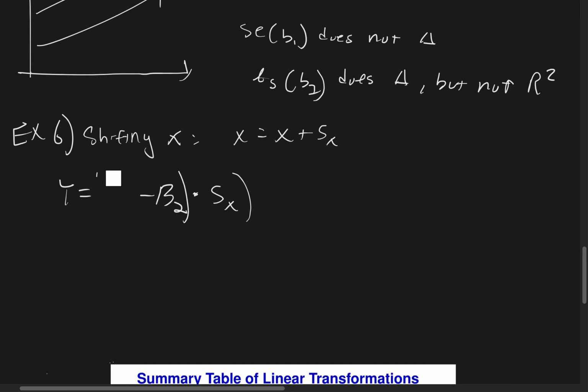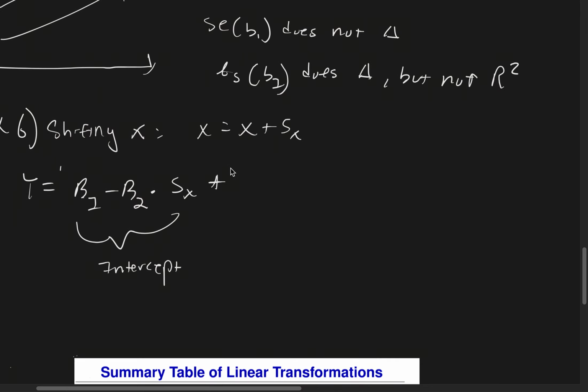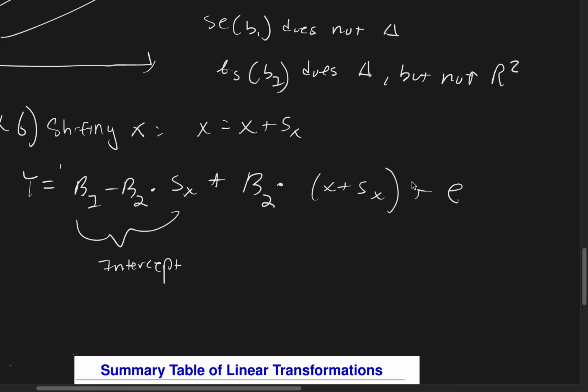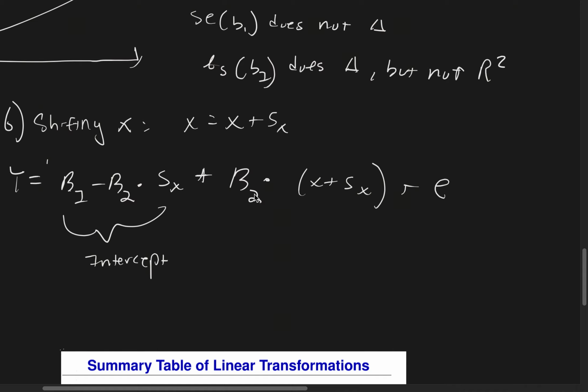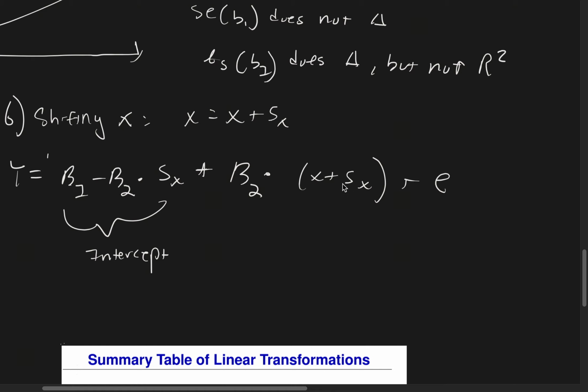So let me write that again. So beta 1 minus beta 2 times s of x plus, and that alone is the intercept. And then the beta 2 is the same thing because we're shifting and not scaling it. But the x variable itself is shifted by the constant that we decide. And then the error stays the same.